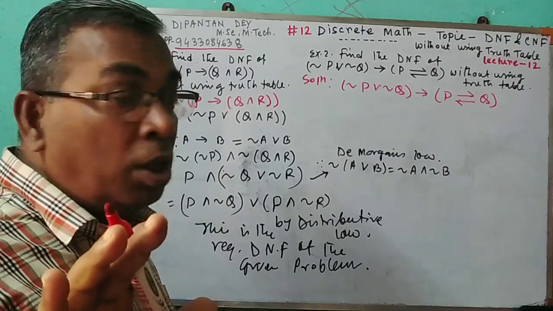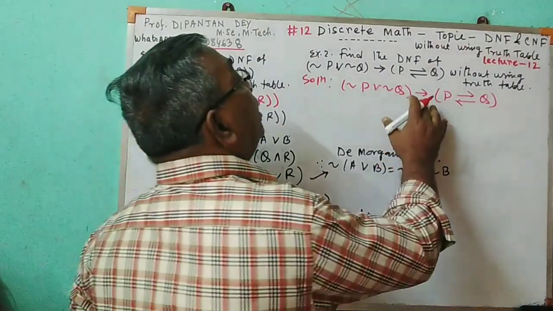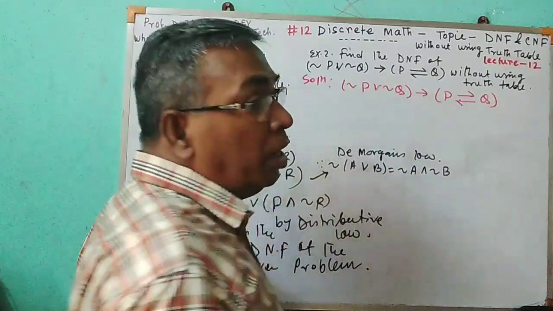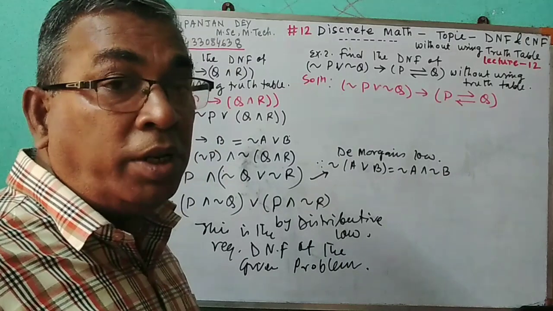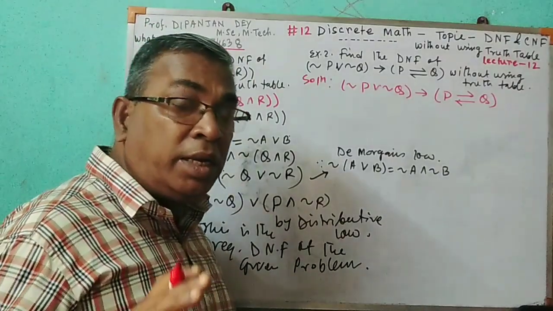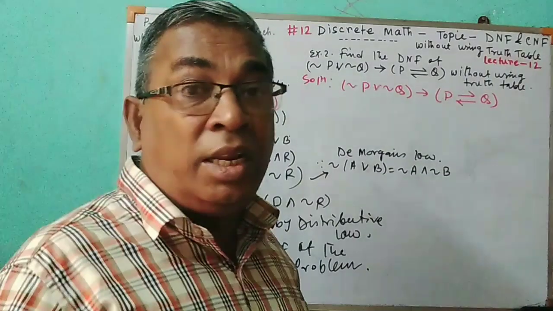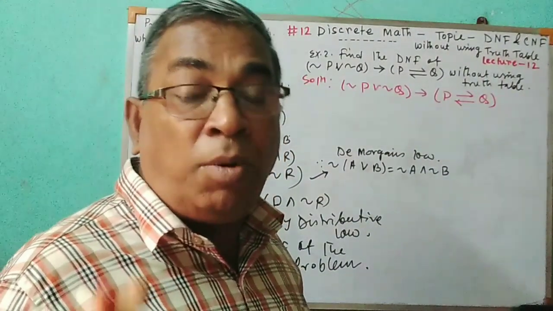Be careful. If you are getting the required DNF with implication or double implication, that means your sum is wrong. In the required DNF or CNF, there should not be implication and double implication.